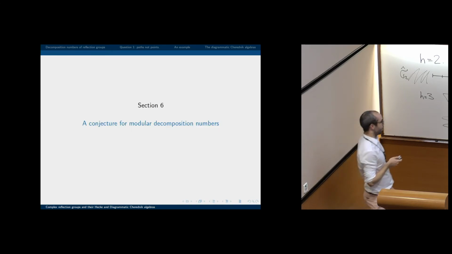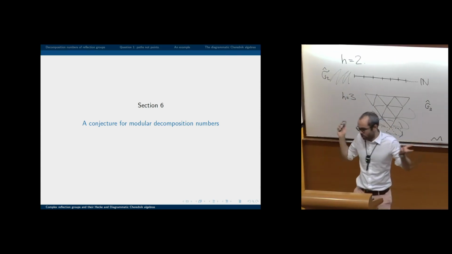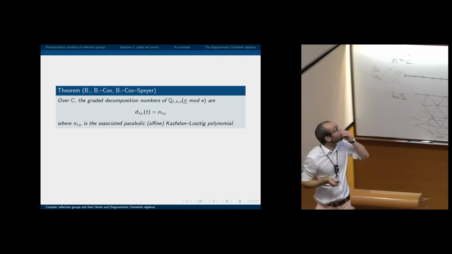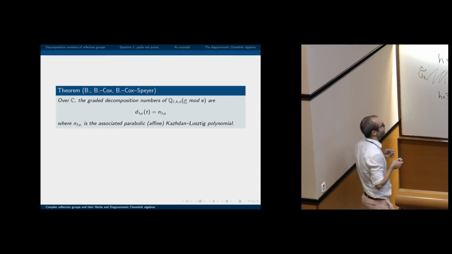Okay, so we said these geometries should control things. Well, decomposition numbers is a good place to start. So what does this say? This says that the graded decomposition numbers are given by the associated parabolic affine Kazhdan-Lusztig polynomials. And I've attributed this to myself and my co-authors.